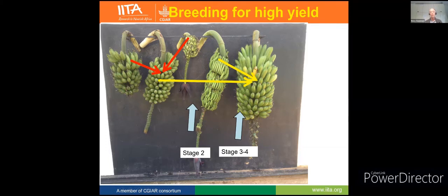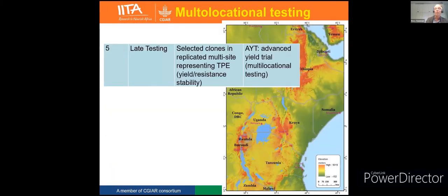And it's that crossing of diploids among diploids, that's stage 2. And then we cross that with the tetraploid to end up with the triploid, which you find here as an end product. And then we go for multilocational testing. That's stage 5.